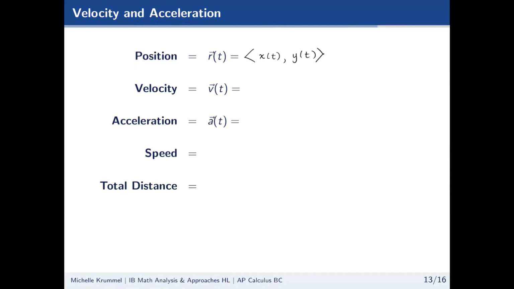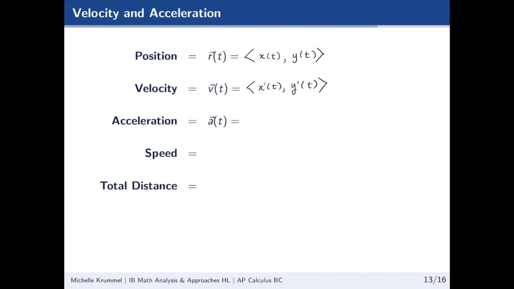So then the velocity, think about the relationship between position and velocity. We know that velocity is the derivative of the position function. And so here, the velocity vector is just the derivative of the position vector. So we can write our velocity vector as x prime of t, y prime of t.